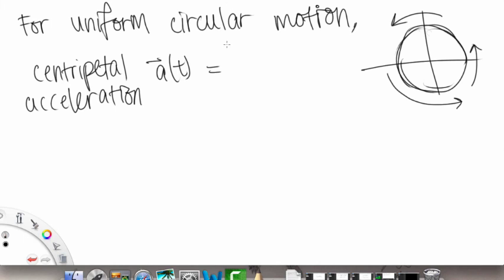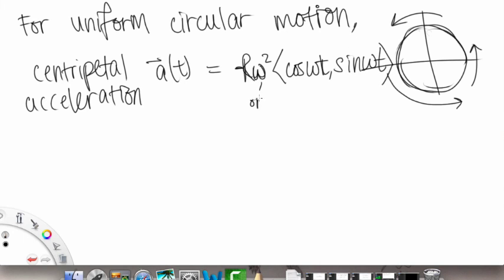This is going to equal negative r omega squared times cosine omega t, comma, sine omega t. That letter looks like a w, but it's actually the Greek letter omega.